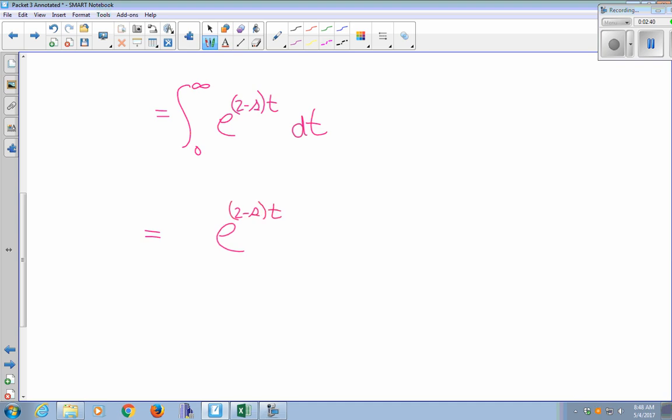But then just think about going backwards. When I take the derivative of this thing, I should get what I started with, because I'm trying to come up with an antiderivative. But the derivative of e to the (2 minus s)t is e to the (2 minus s)t times (2 minus s) because of the chain rule. So I have to counteract the chain rule by doing 1 over 2 minus s. That's my antiderivative, and then I evaluate that from 0 to infinity.